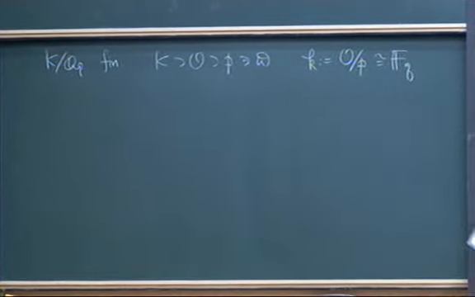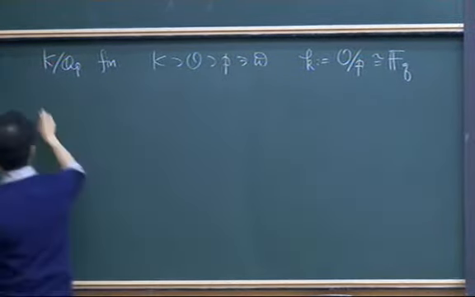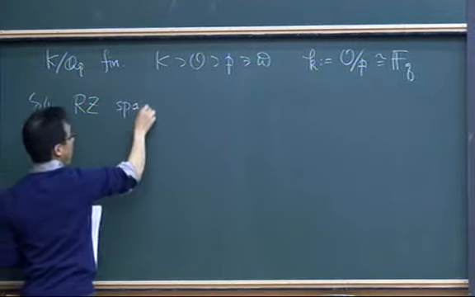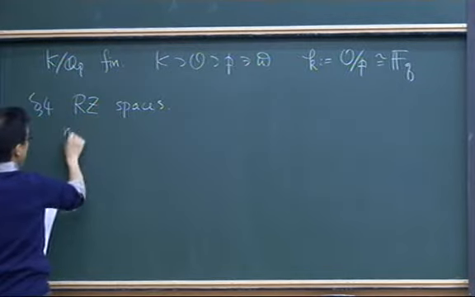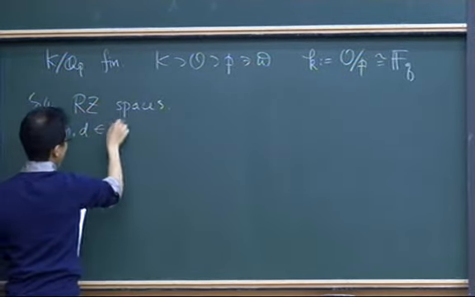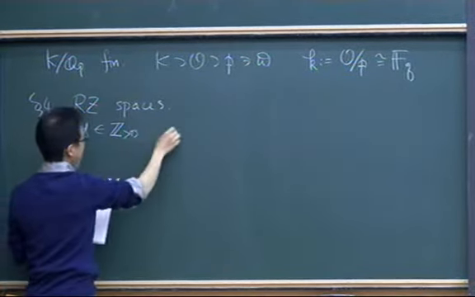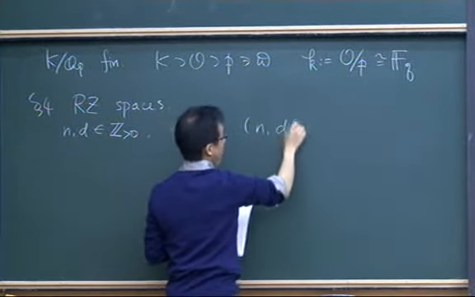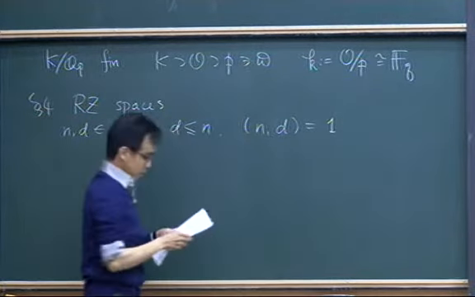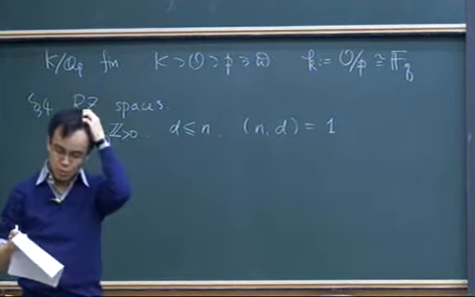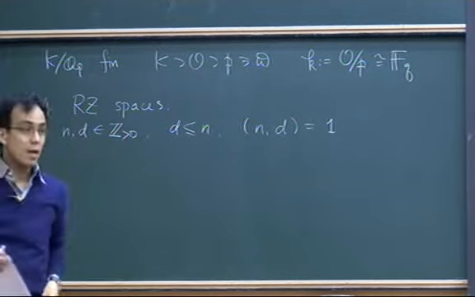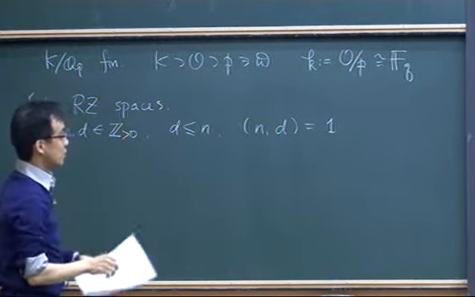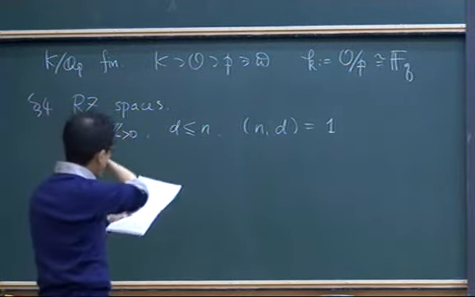This is my running notation. I was going to explain Rapoport-Zink spaces. So my aim was to explain the natural class of Rapoport-Zink spaces which contain Lubin-Tate spaces.